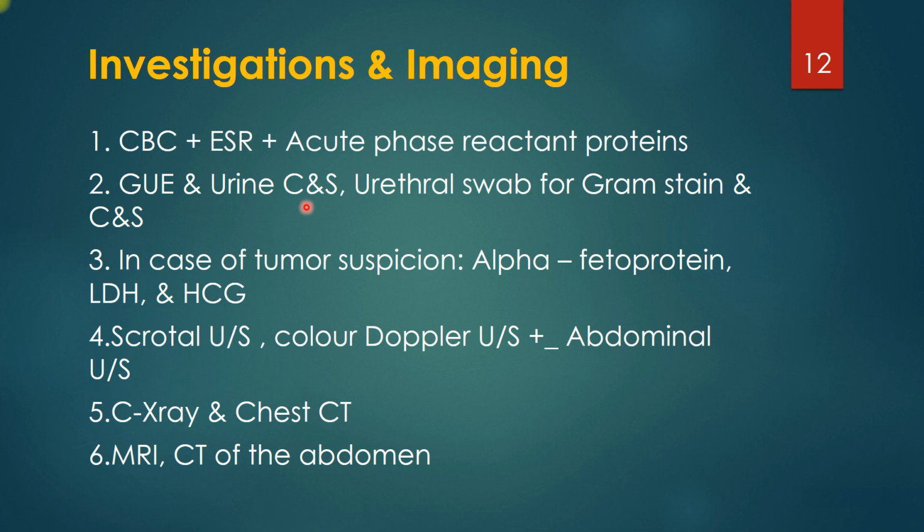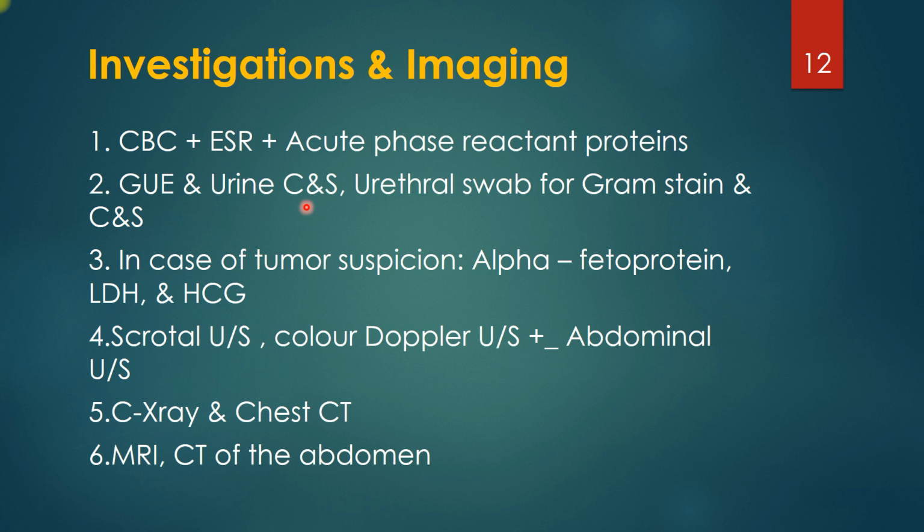What will you do by investigation? What is your approach? And imaging. You have to consider complete blood count, ESR, acute phase reactant proteins, general urine examination, urine culture and sensitivity, urethral swab for gram stain, culture and sensitivity. These, if you suspect epididymitis, epididymo-orchitis with UTI, prostatitis.